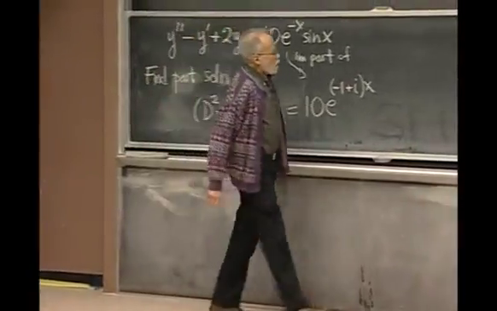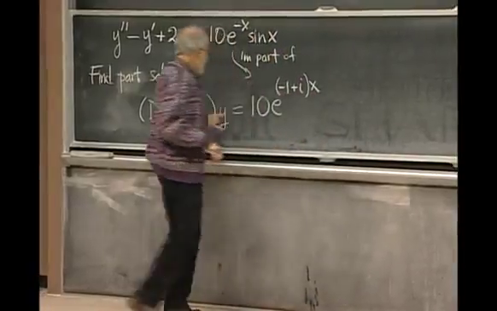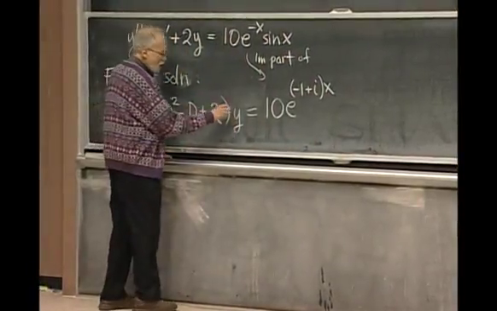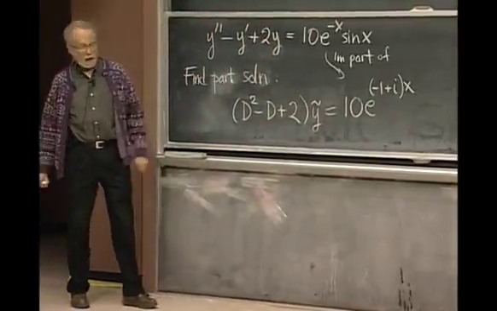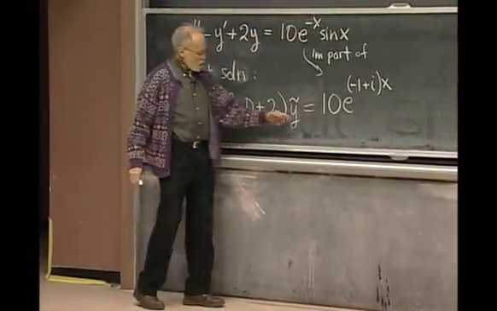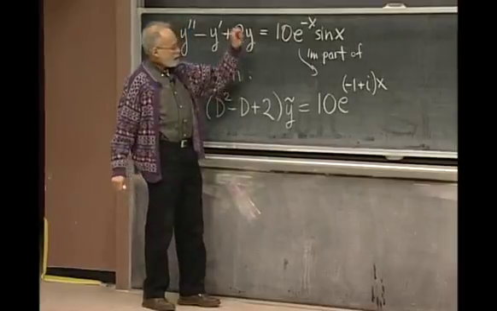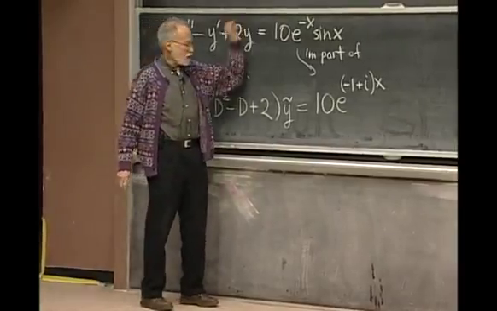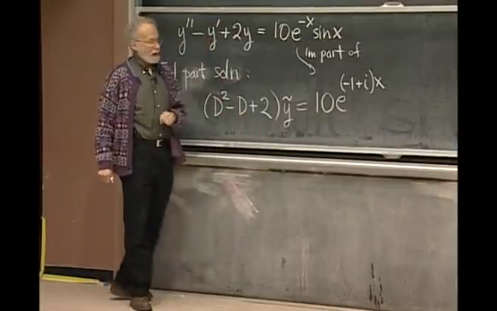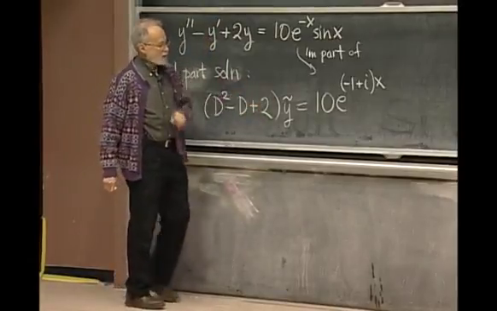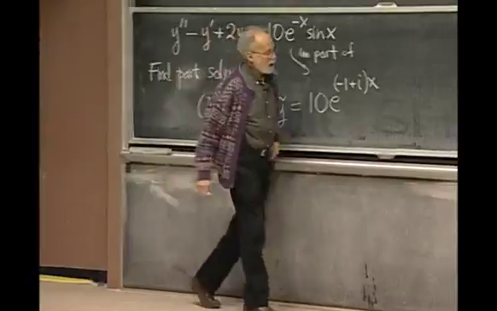Okay, now since this is a complex equation, I shouldn't call this y anymore. By my notation, I like to call it y tilde to indicate that the solution we get to this is not going to be the original solution to the original problem, but you'll have to take the imaginary part of it to get it. So we're looking now for the complex solution to this complexified equation.